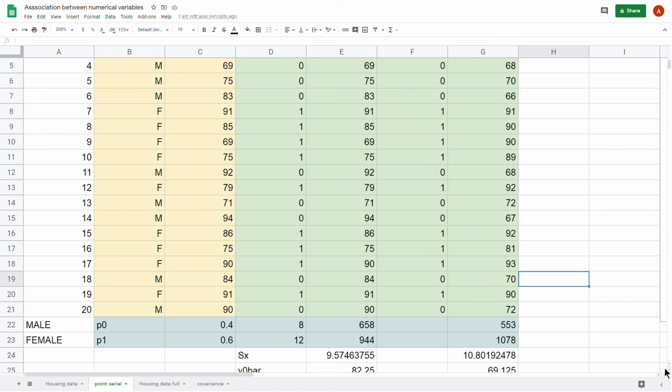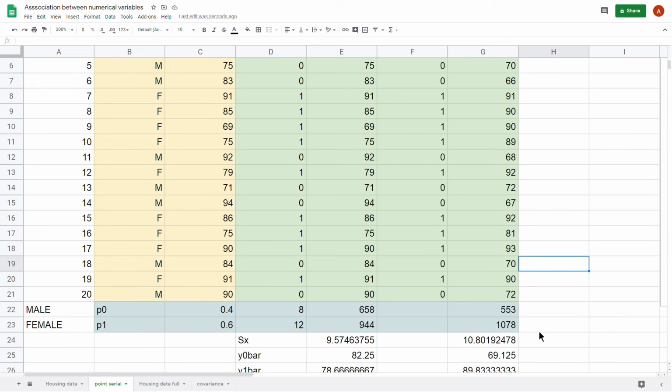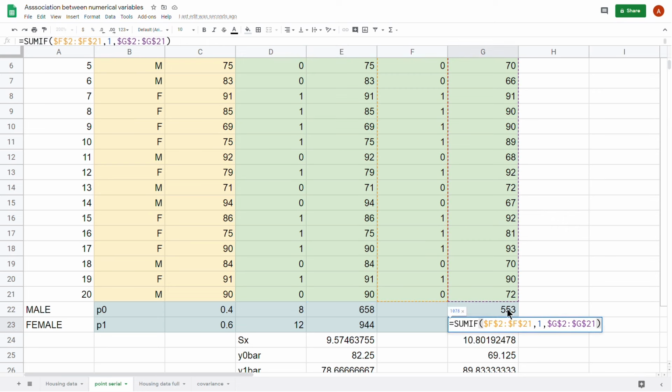Now again there are a couple of things which I want you to see here. You can see that the total marks obtained by females here is way higher than the total marks obtained by males, whereas here it was 944, 658, here it is much higher.